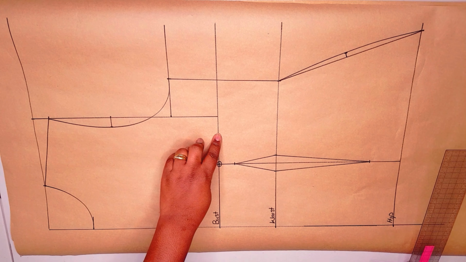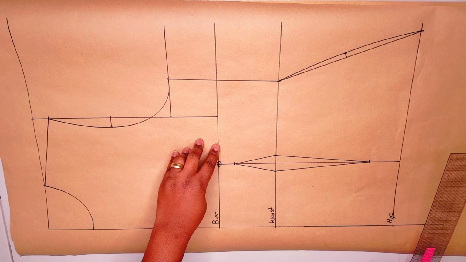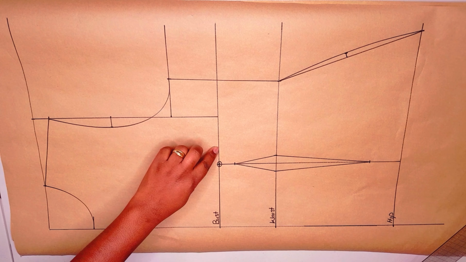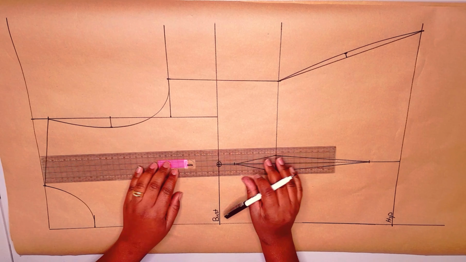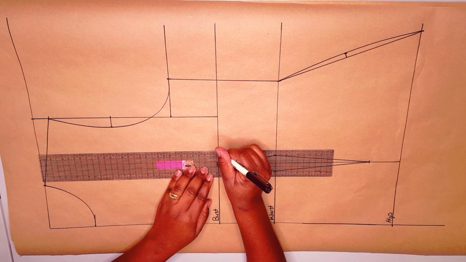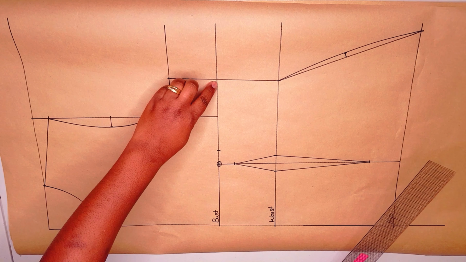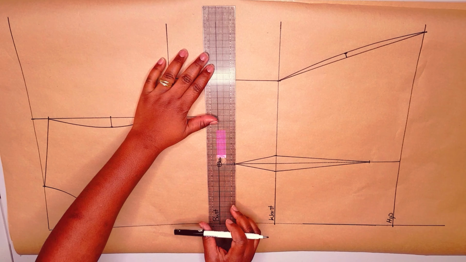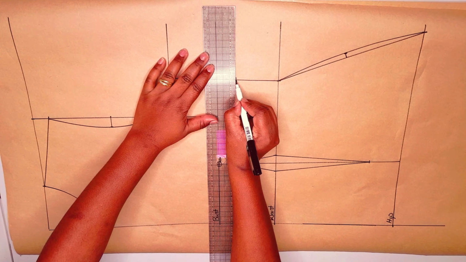Next, we're going to draw in our side bust dart. So it's going to be a 3 centimeter dart. From the bust point here, we're going to move back by 2.5 centimeters. Put a mark. Now from the bust line, go down by 3 centimeters, which is our dart allowance. Put a mark.